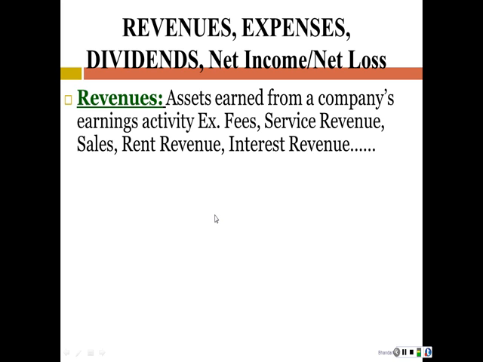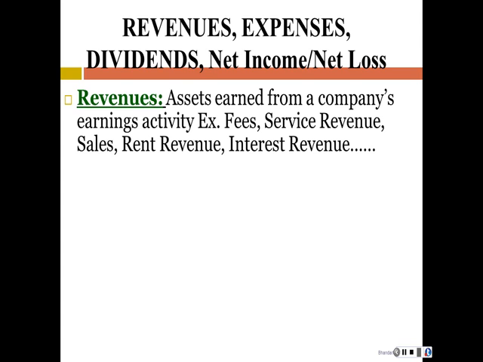Revenues are the amounts that you charge your customers for products or services that you provide to them. Revenues are the assets that are earned from the company's earnings activity. And so the type of revenue will depend upon what the earnings activity is, what the operations are. For example, for a service business, their revenues are often called fees or fees earned or service revenue.